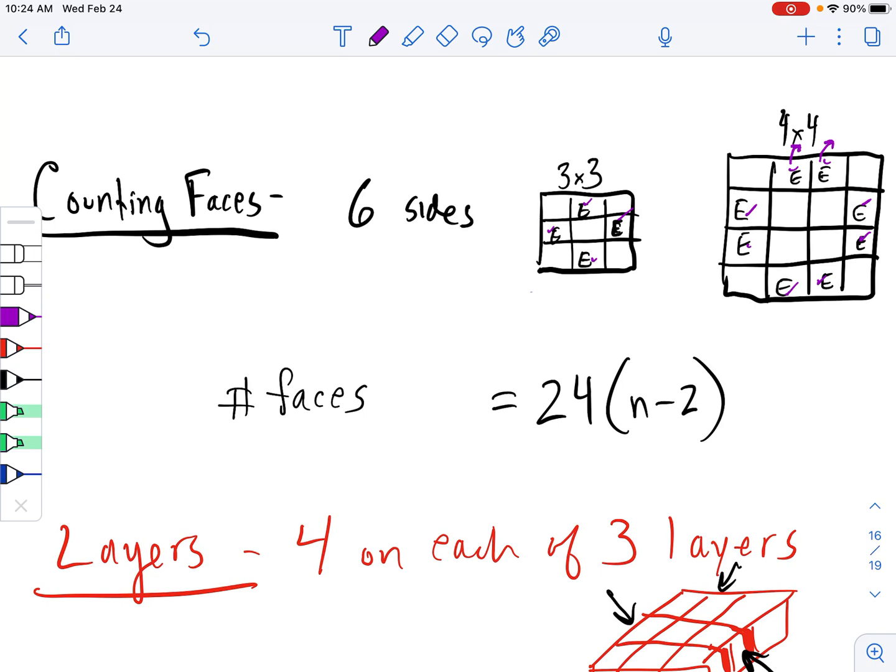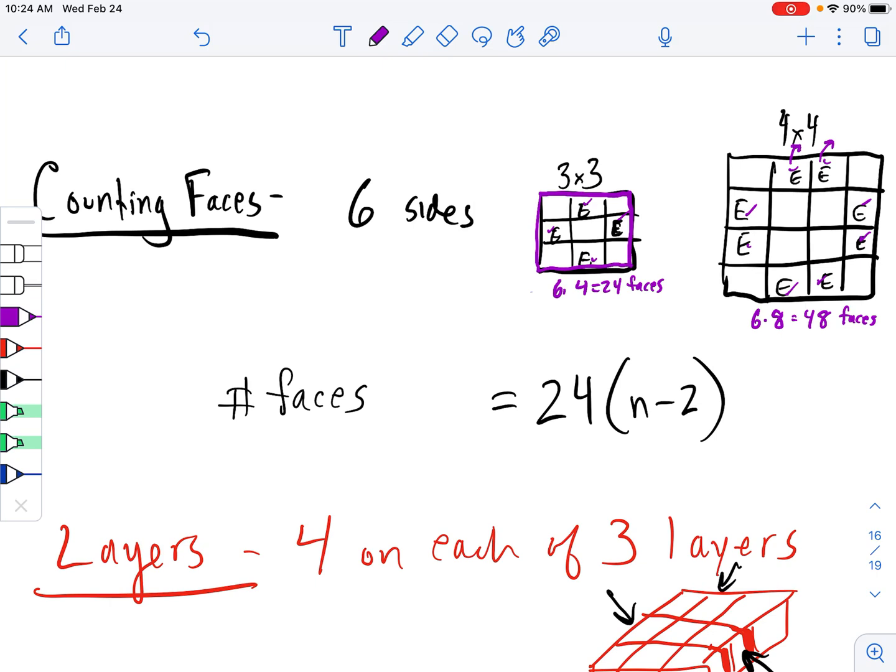So if I just say, look, this has 4 edge faces on 6 sides, wouldn't that give me 24 edge faces? And this is 2, 4, 6, 8. This is 8 faces on 6 sides, so that should give me 48 faces that are exposed, that get painted. And so how do I figure out the number on each big face or side of the cube?